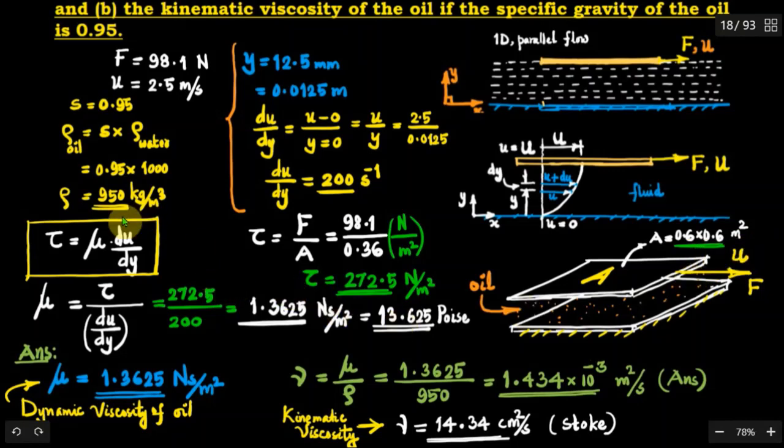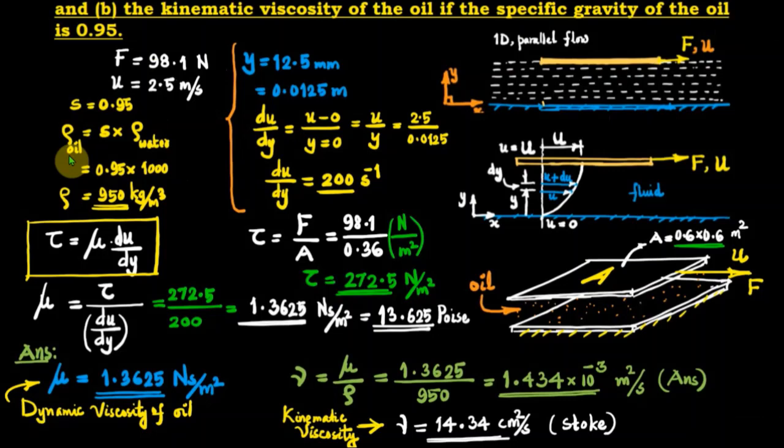Now consider the data. The force which we apply is 98.1 Newton on the upper plate to maintain the constant velocity of 2.5 meter per second. And the specific gravity of the oil in between the plates, that is undergoing the velocity gradient, is 0.95. Now from the specific gravity you can find out the density of the oil.